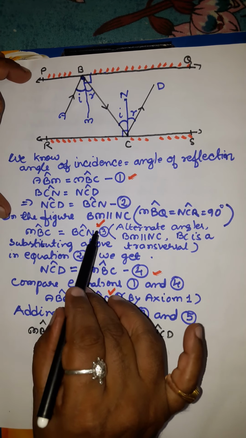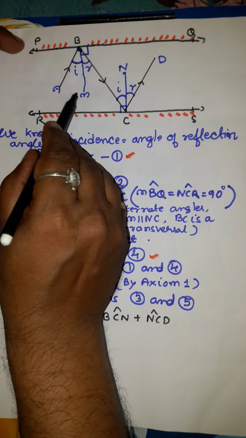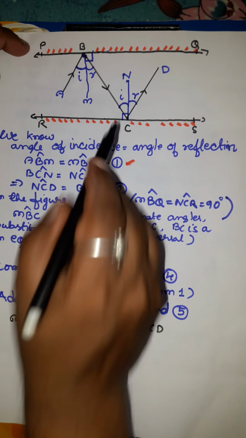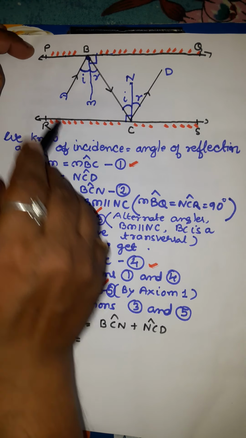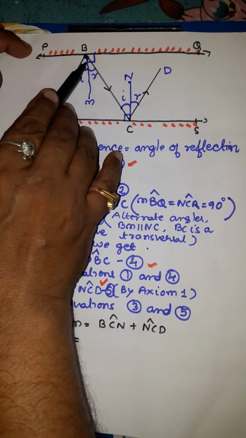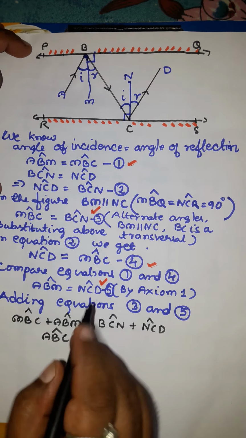So, I have added equations 3 and 5. If you add angle MBC and ABM, you will get angle ABC. When we add angle BCN and NCD, we will get angle BCD.